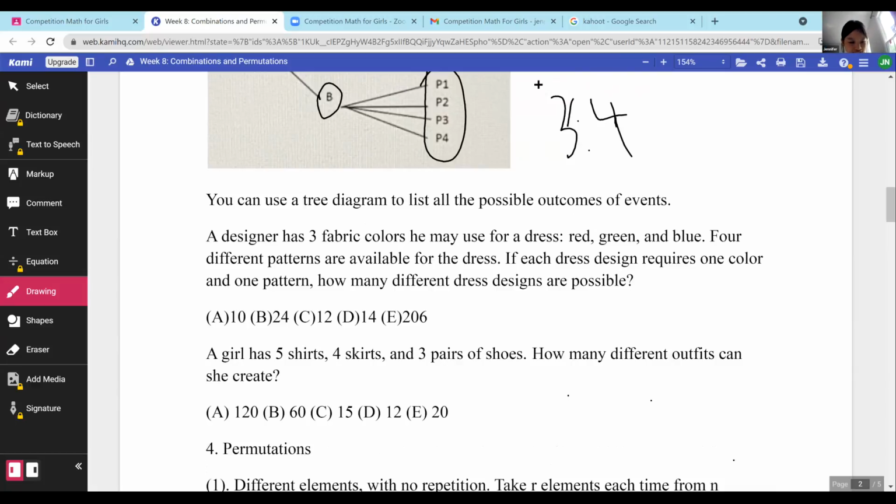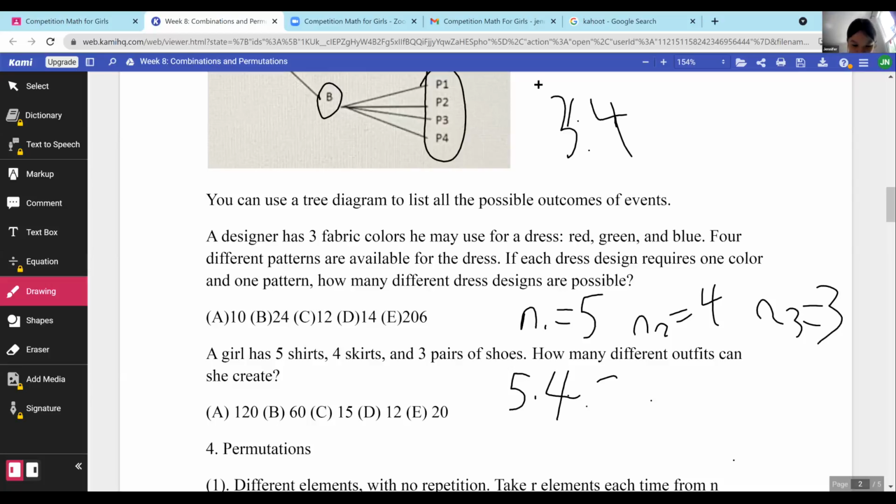Yeah, exactly. Because we have n1 equals 5, n2 is 4, and n3 is 3. So there's 5 times 4 times 3.